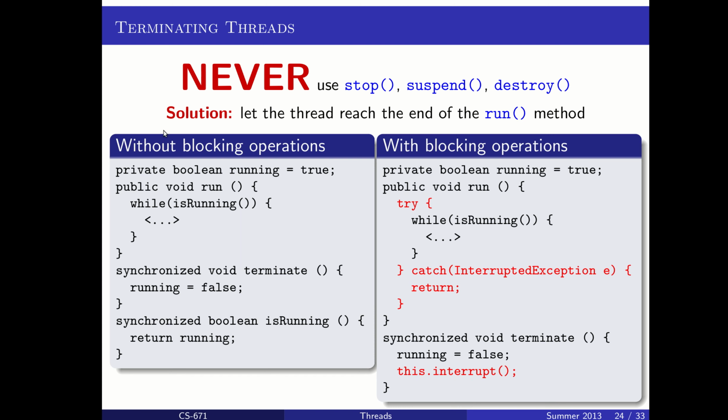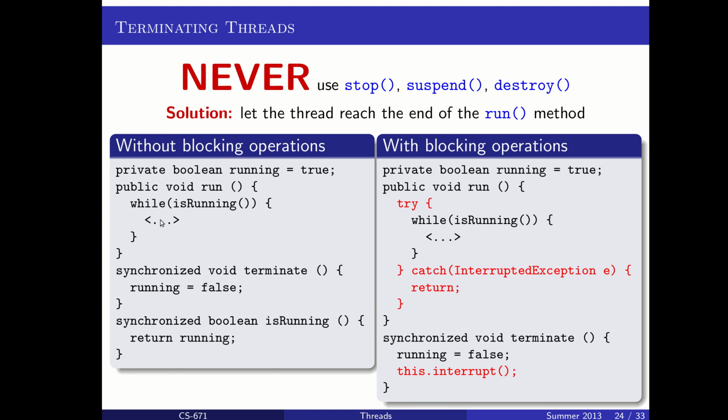If you don't have any blocking operations, if you're not calling sleep, wait, etc., then you can just have some Boolean that indicates whether your thread should continue running. You can do a while my thread is running, do whatever the work of my thread is. And you can write your own gentler ways to quit the thread, like a terminate method that sets your running Boolean to false.